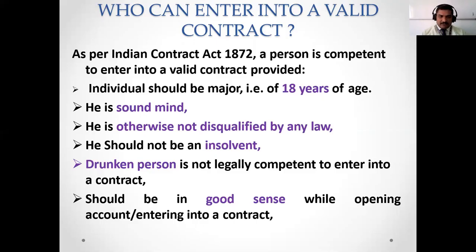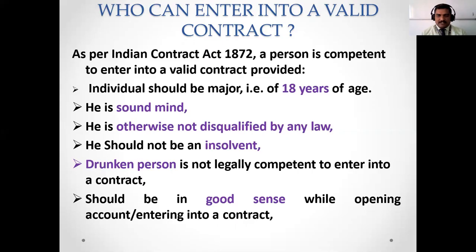If they are mentally not fit, they are not able to open a bank account. Or once they are a customer, if they develop any mental illness, they are not able to continue as a bank customer. The next eligibility is that the person is not otherwise disqualified by any law.